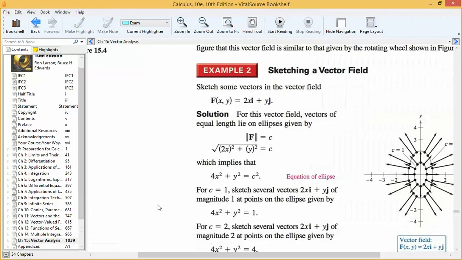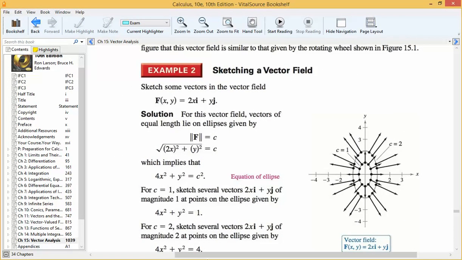Look at this vector field. So any point here, see, whenever they were finding the magnitude of F, they found that it was an ellipse equation, and so all of these at different points would be an ellipse over and over.